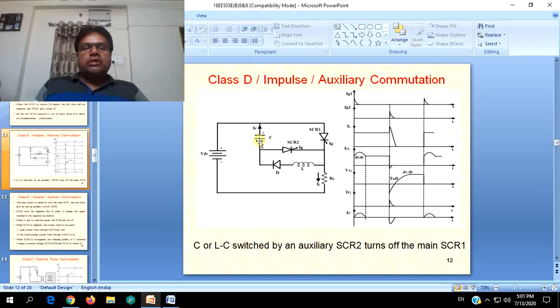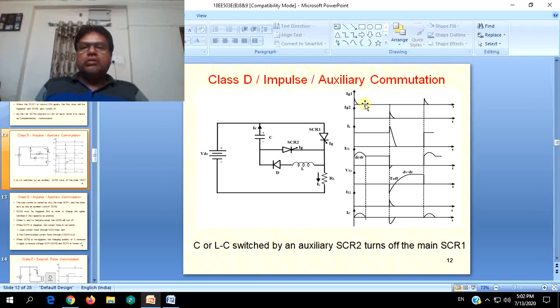And once the capacitor voltage becomes equal to the source voltage, there will not be any further current flow allowed, as the capacitor will be blocking the total DC. The SCR2 or auxiliary SCR will be automatically turned off. Now both voltage source and capacitor have the required energy, but as SCR1 and D are both turned off, no current flow will take place.